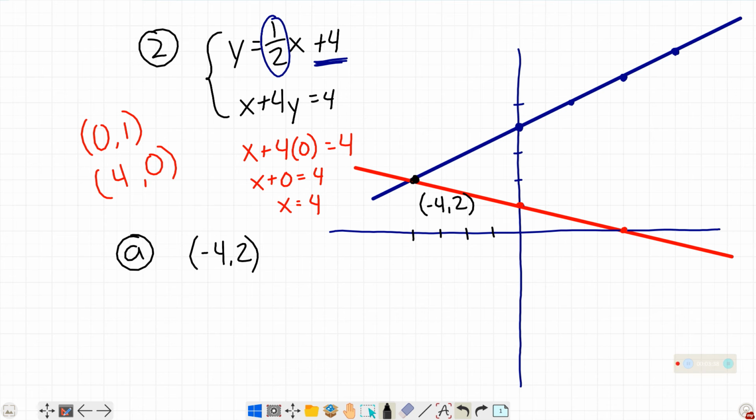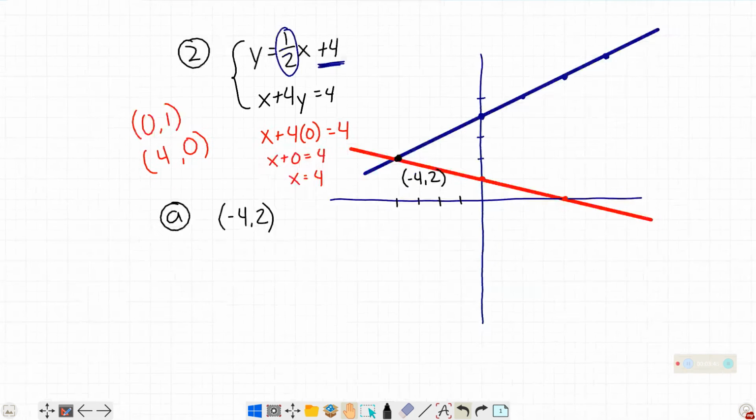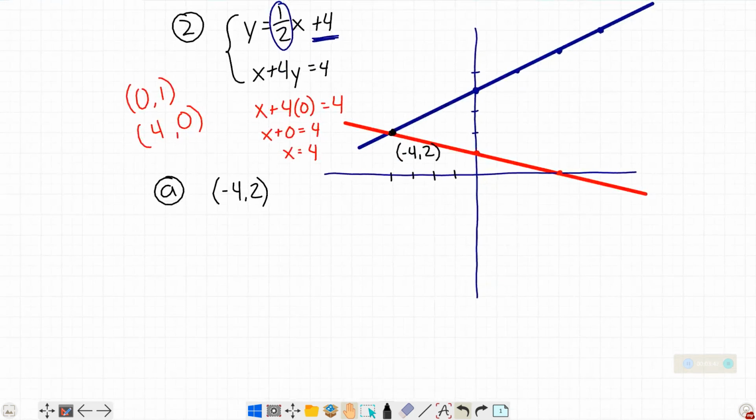B asks us to verify that this works for the first equation. So I'm going to use that first equation and I'm going to substitute (-4, 2) in for the x and the y values. So my equation starts with y, and in this case it's a 2. It says y equals 1/2 x.